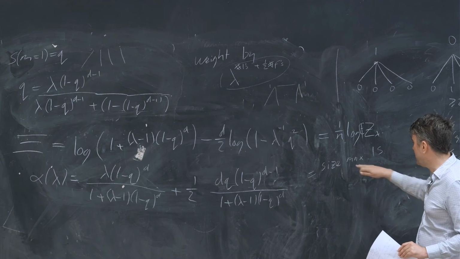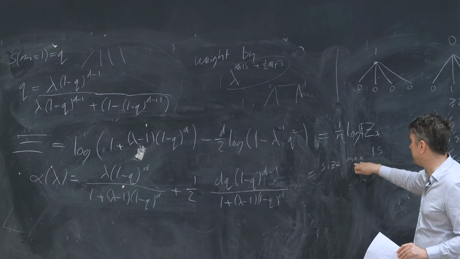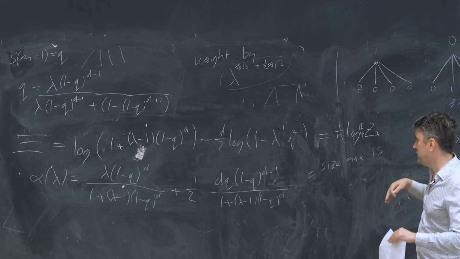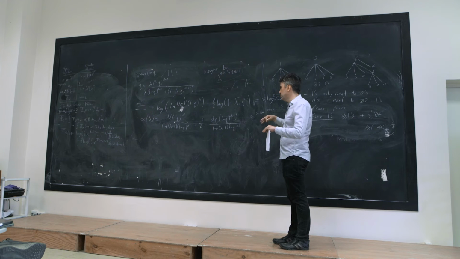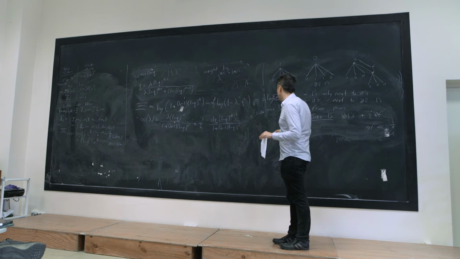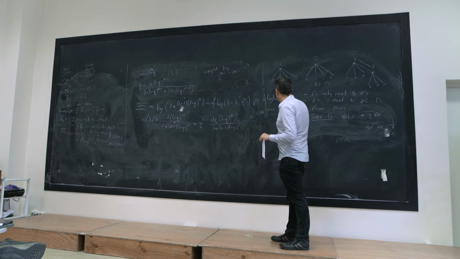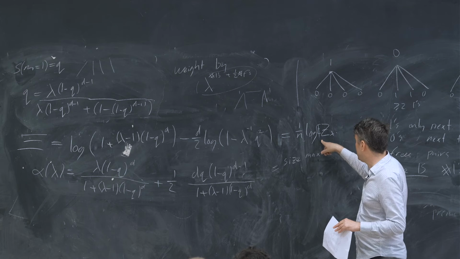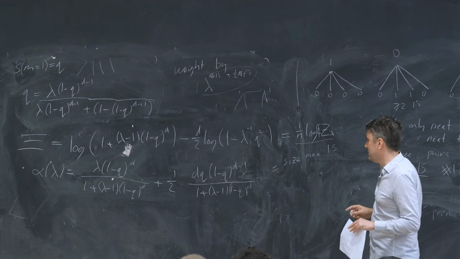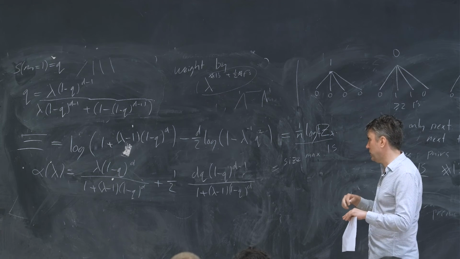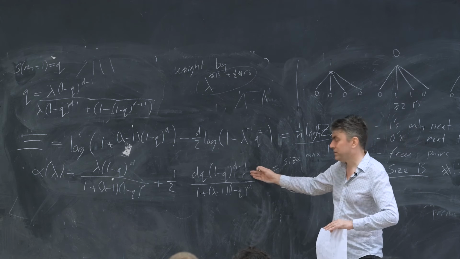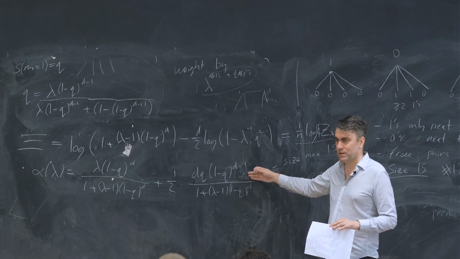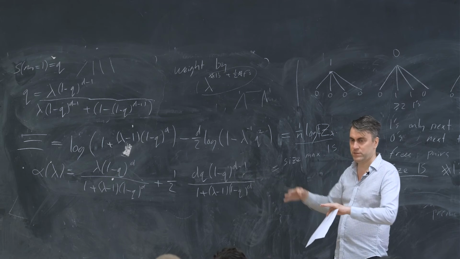So the number of independent sets of that size will be this, but then we need to remove the contribution of the weighting. This term should be 1 over n log of the number of independent sets of this size plus alpha times log lambda, which is the weight of each of the independent sets.